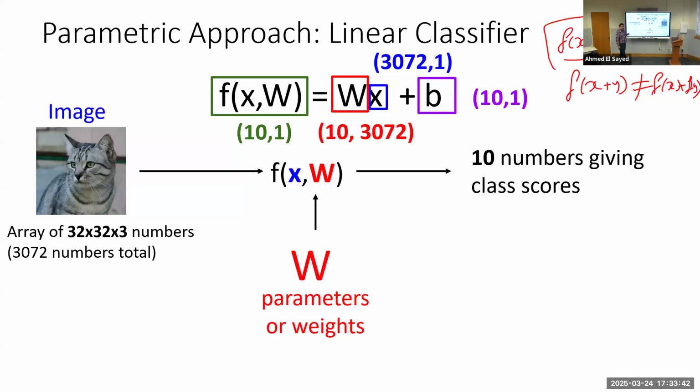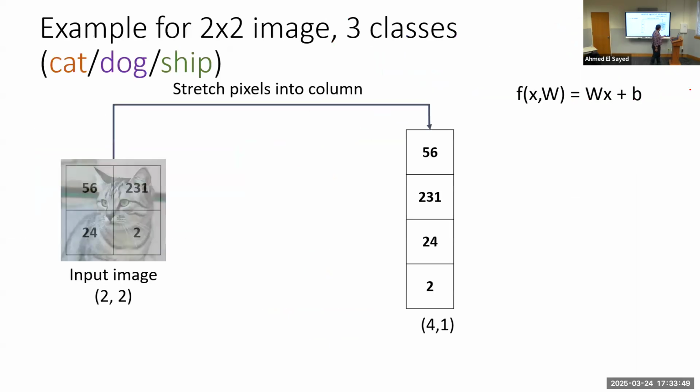Yes, I can do this trick. How? Let's focus on this part. For simplicity, we will reduce the size of the image to only 4 pixels. Very simple example. First, we will convert this into a vector, so it will be a 4 by 1 vector. Again, I'm converting the row into a column.